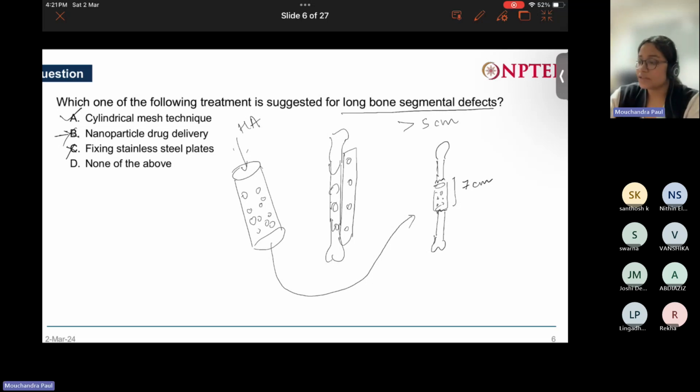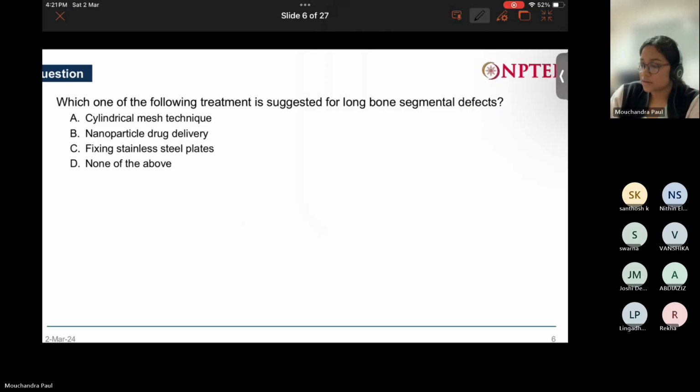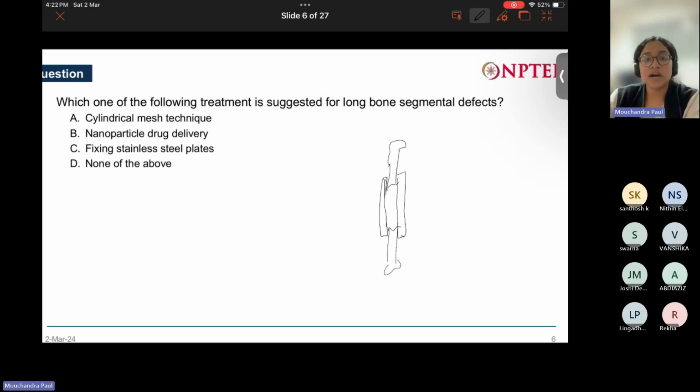So, in case of this cylindrical mesh, I think, sorry, this is your bone and this is your defect area. Now you put a plate like this, and maybe you can put another on the other side. Now the defect is too large.